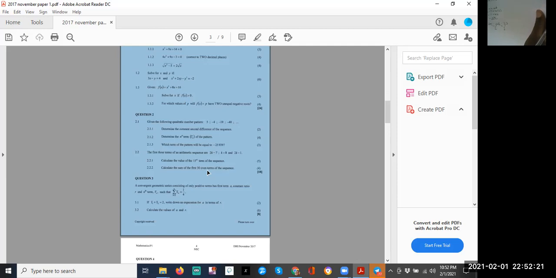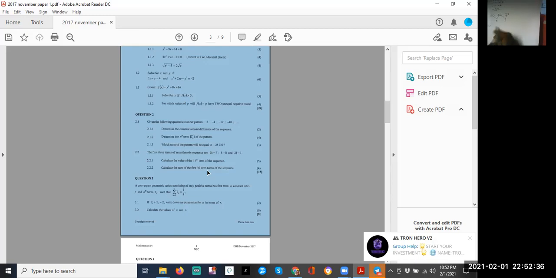So our next step is to remember the sum of the first 30 terms. Now, our n is 30, and our first term is 20.